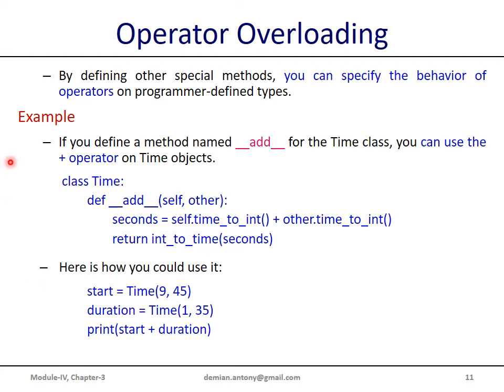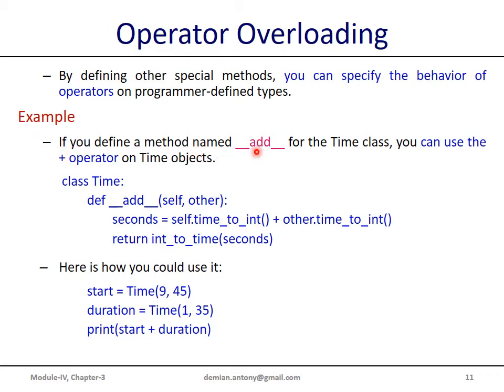Python also supports operator overloading. By defining special methods, we can specify the behavior of the built-in operator on programmer defined types like class objects. Let us take up one example.